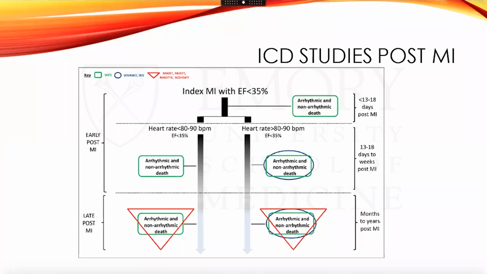So if you take people who have low EF and you put in a defibrillator early, less than 40 days or acutely, you will make it so that they're less likely to die of ventricular arrhythmia, but you won't make it so that they're less likely to die. And that's the purpose of the device, to improve overall mortality.